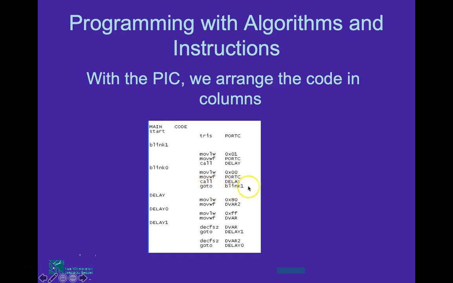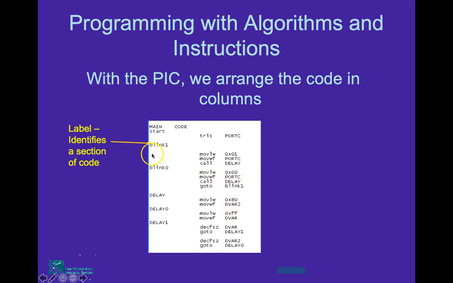So it will go to this blink 1 and perform all these operations again. So you understand the usefulness of the labels and how they can be used in your operation, and then you can repeat the whole operation based on your code design.